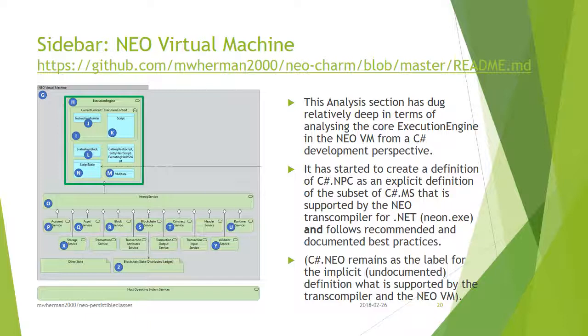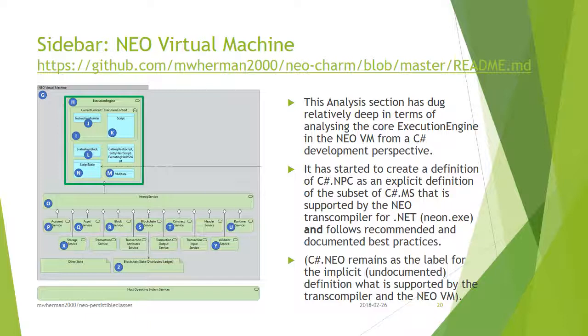So all of that analysis that we've just finished around the language and what's supported and what's not supported is about what runs inside of that box labeled H, the execution engine. And the key message here is we've started to create a formal, explicit definition of the C#.MPC language.